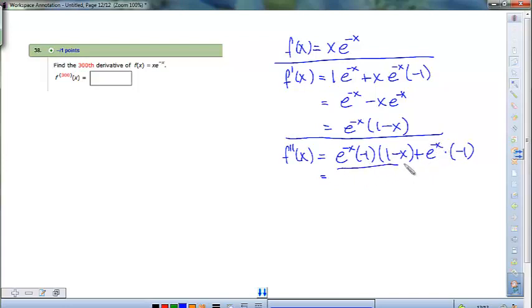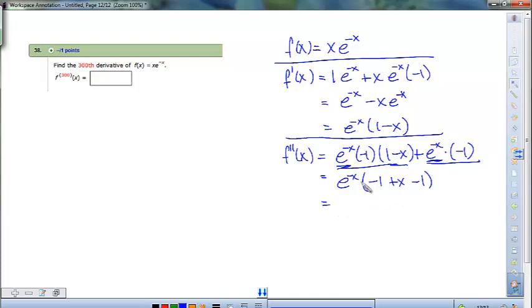It looks like generally I have 2 terms, and both of these terms have e to the negative x in it, so it looks like we can take that out again. And I have a negative 1 plus x, and then I factored out this e to the x, which left me with a negative 1.